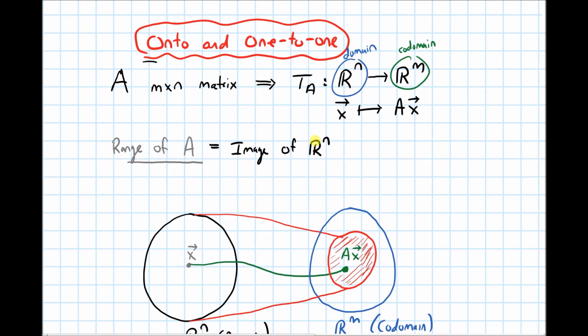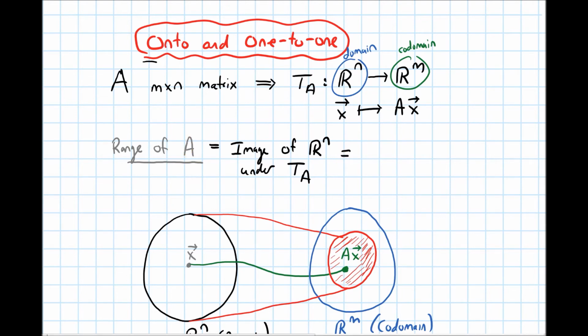So the image of everything I'm allowed to plug in under this transformation. So when I plug in everything in the domain into my function, or when I multiply everything by A, what are all the things that I actually get out?